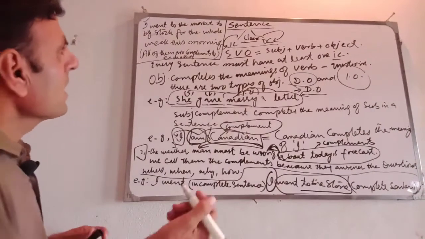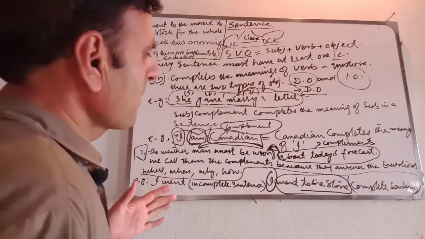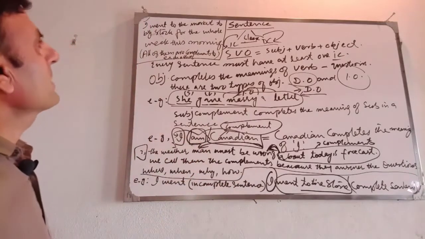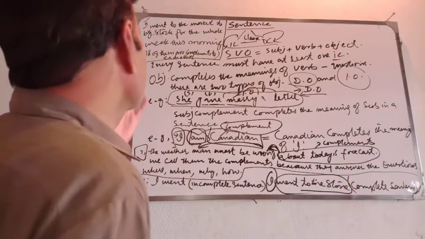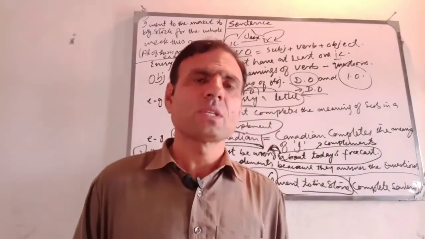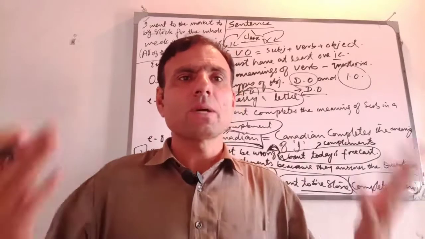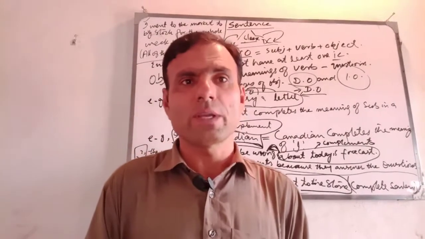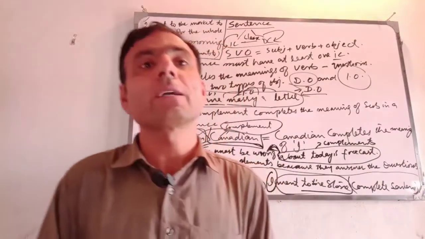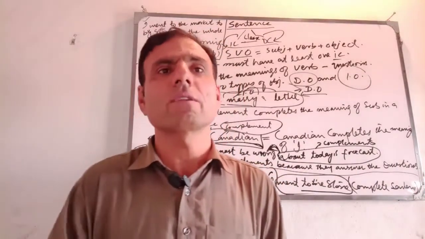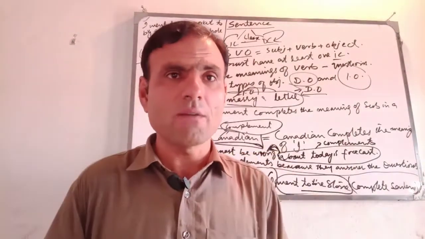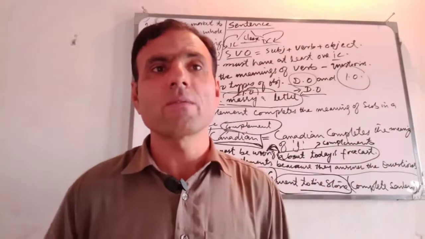Okay, now we do some mixed ones, like mixed clauses. See here: I went to the market to buy stock for the whole week this morning. Now this is complete information. What did I do? I went to the market this morning. I bought so much stuff that I needed for the whole coming week.